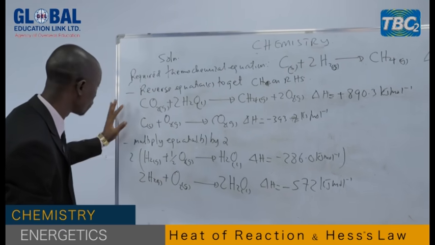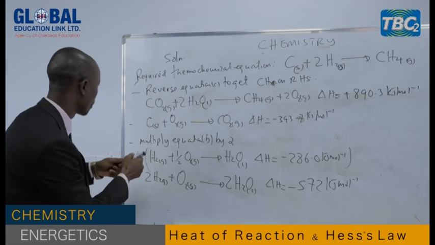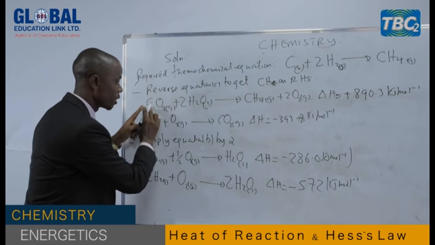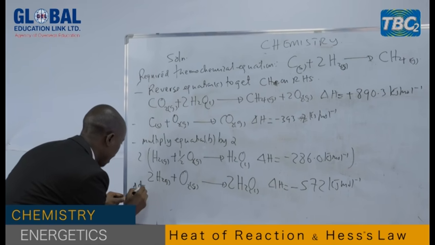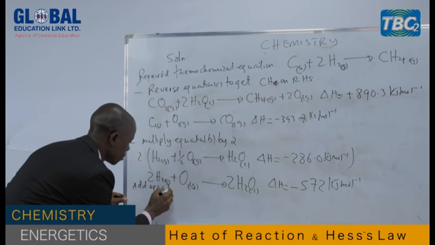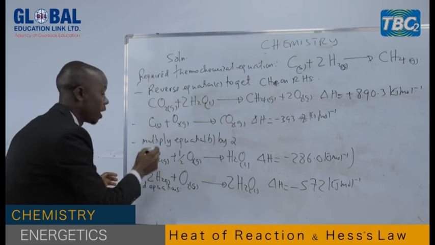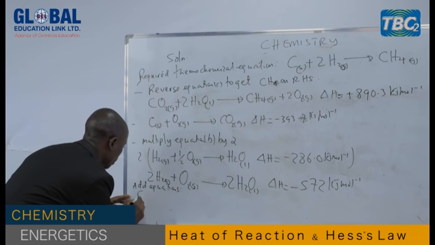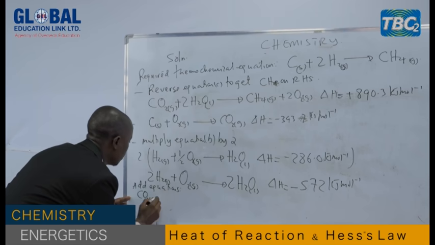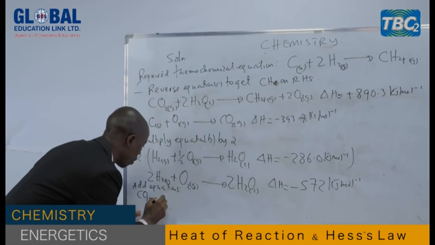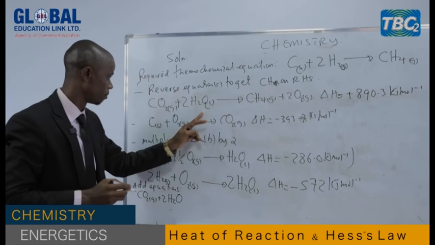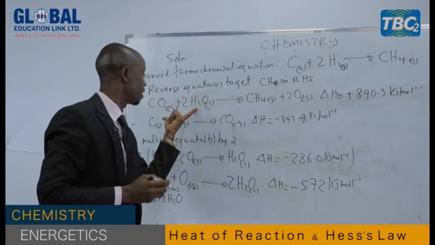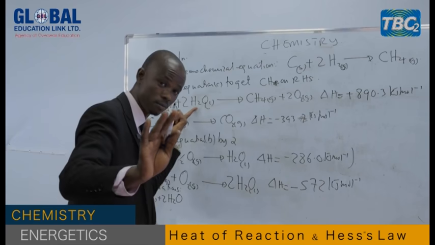Starting with the reactants. For the first manipulated equation, you write the reactant: carbon dioxide gas reacting with water, liquid. So here you add equations.